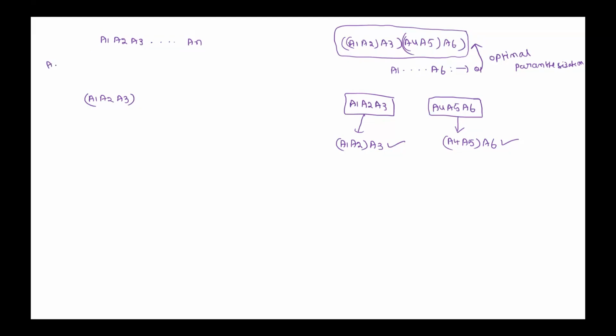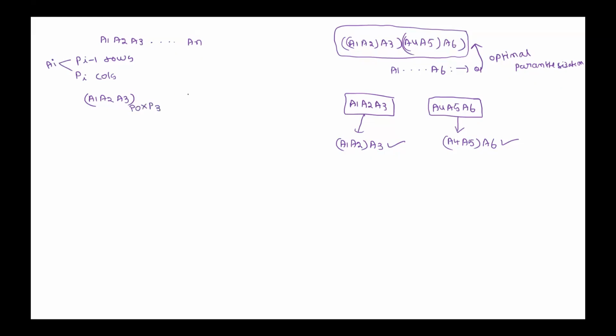What is the order of Ai? Pi minus 1 rows, Pi columns. What is the order of the resultant product A1, A2, A3? P0, P3. Yes.